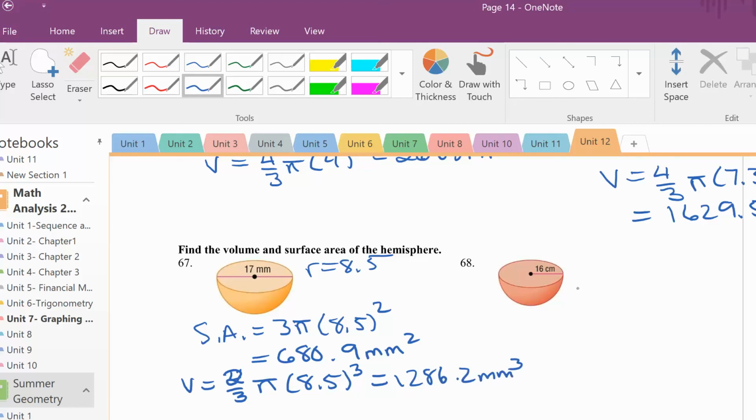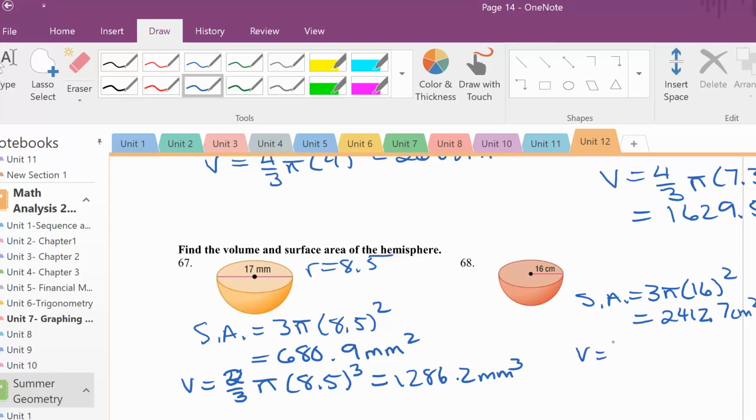All right, so here the surface area is 3 pi r squared. So 3 pi times 16 squared is 2,412.7 square centimeters.